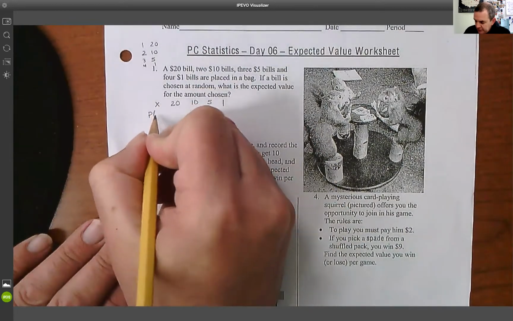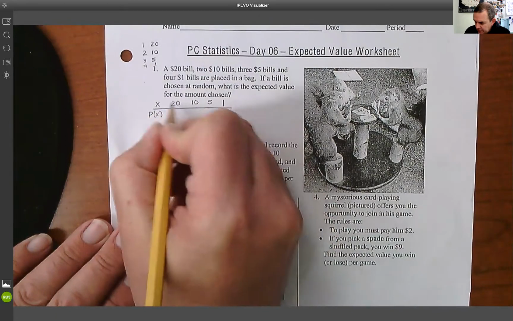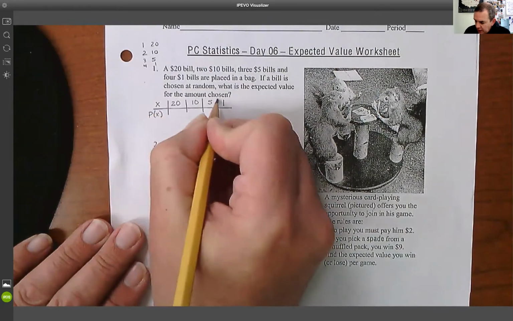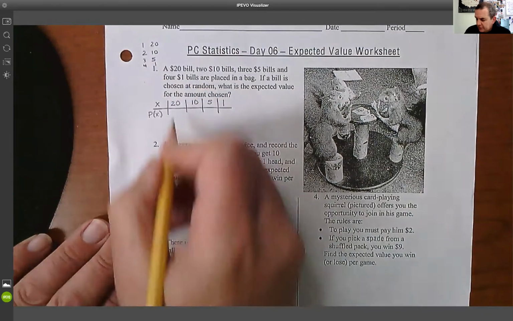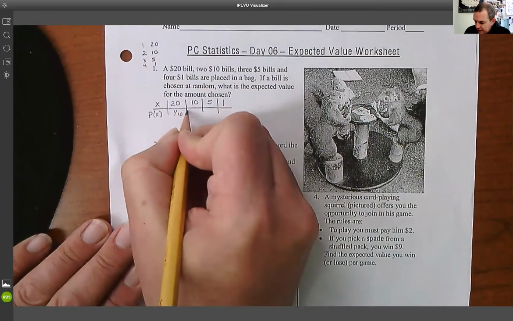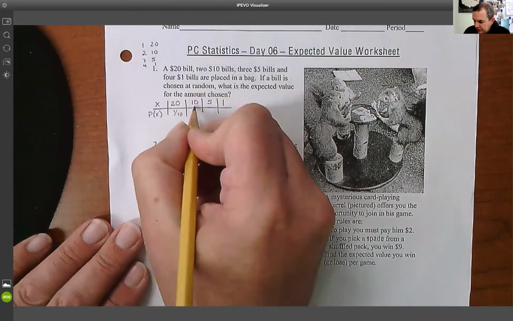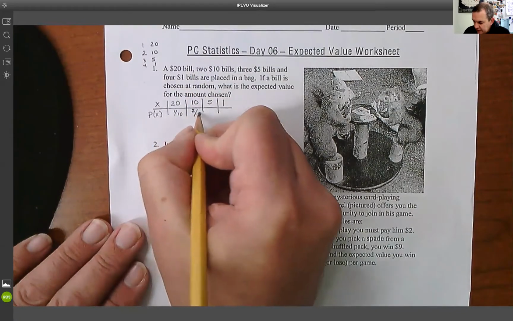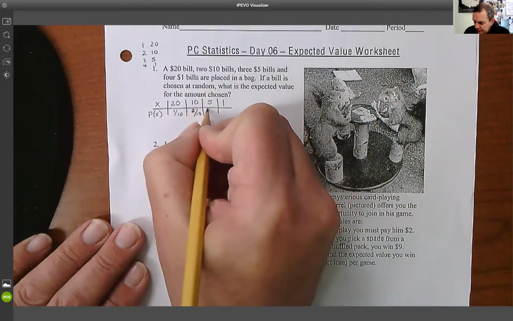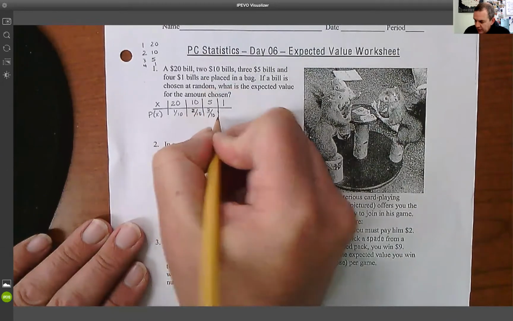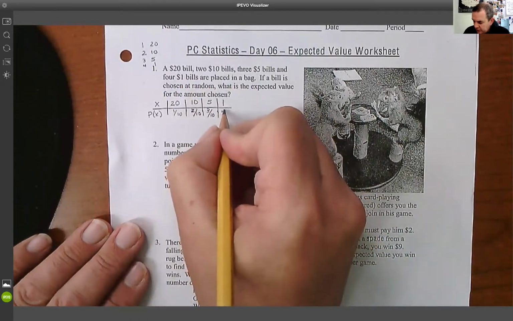The probabilities of those outcomes, I'm going to fill those out. There's one $20 bill out of 10 total bills, so 1/10. There are two $10 bills out of 10, so 2/10. There are three $5 bills, so 3/10. And there are four $1 bills, so 4/10.